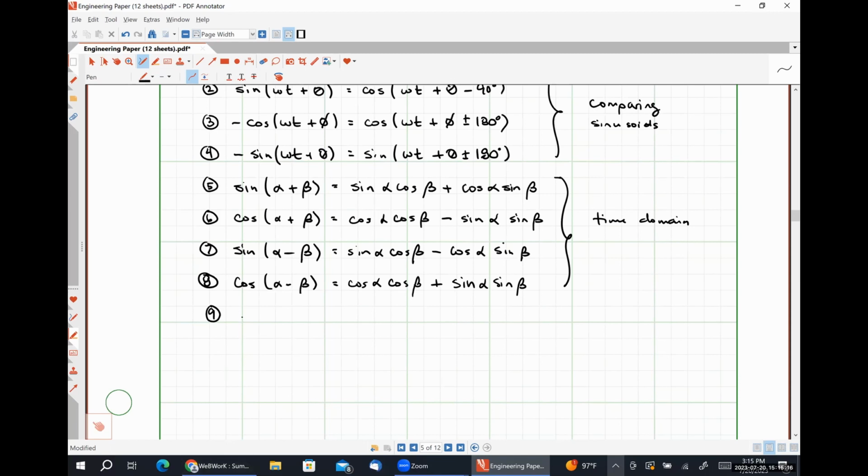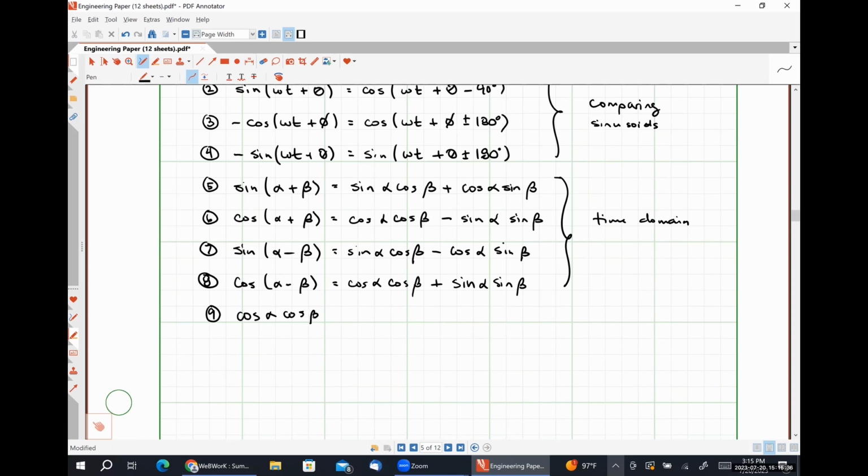Number 9. Oh gosh. So cosine alpha cosine beta.